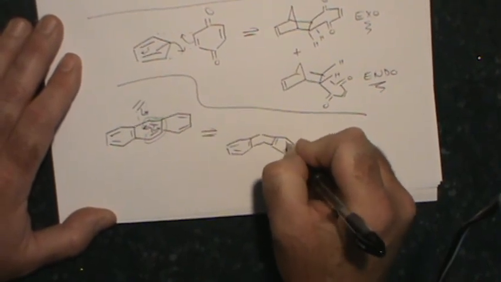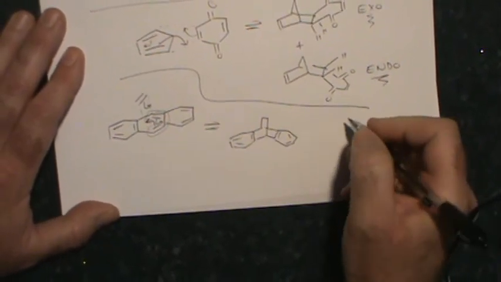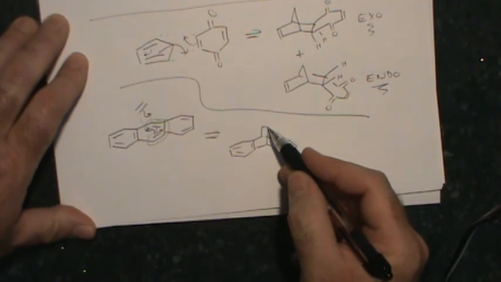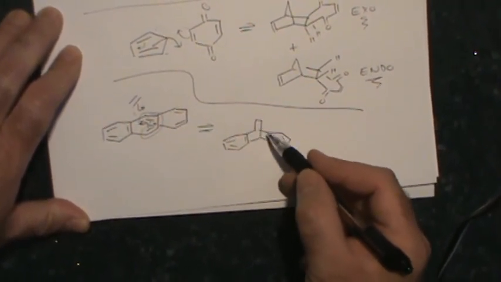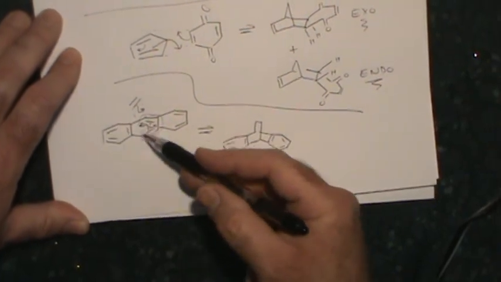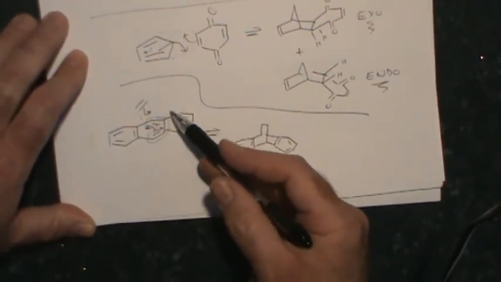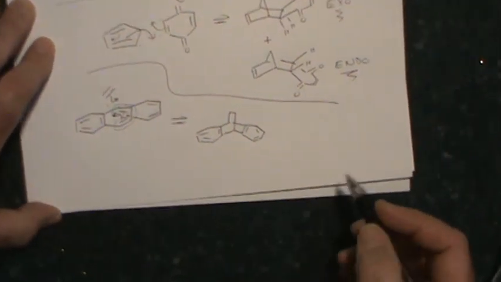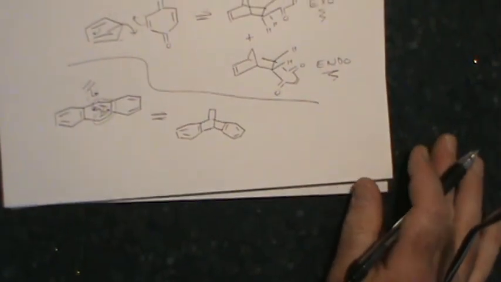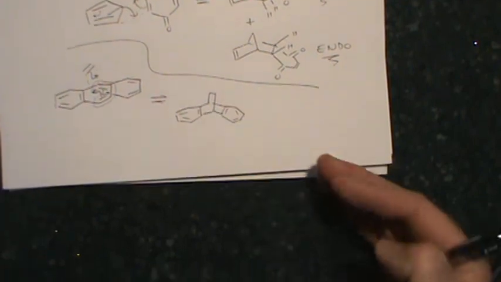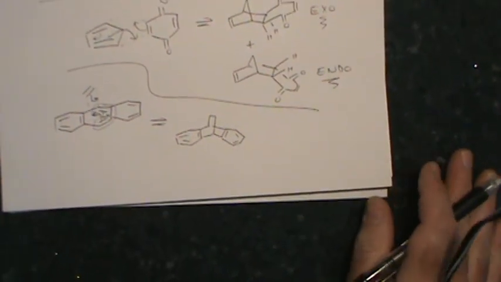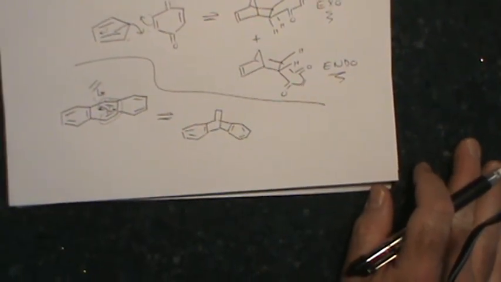There is the new six-membered ring that formed, and this piece over here is still there, and this piece over here is still there. This is a very exotic looking bridged bicyclic structure in which I have two benzene rings fused to the bicyclic framework.